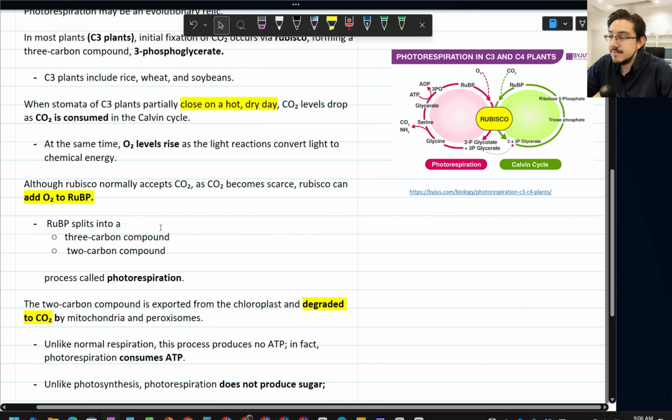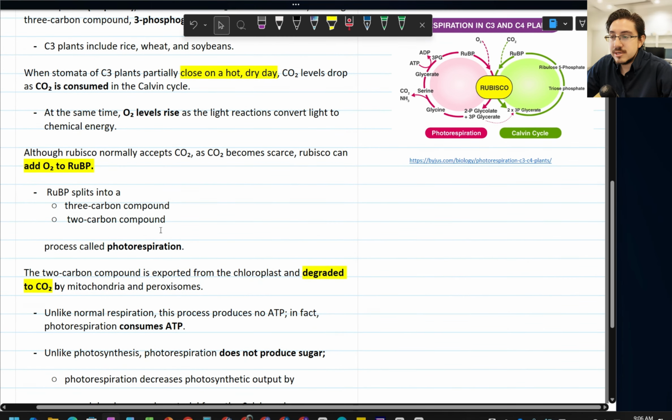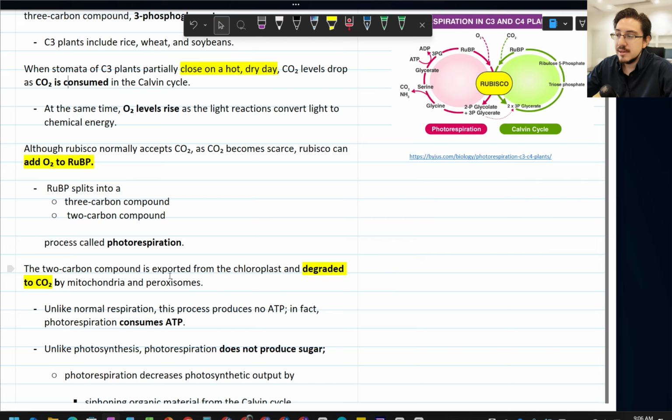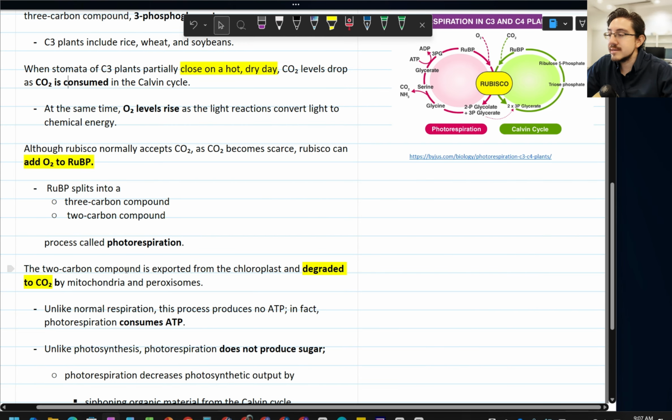At the same time, oxygen levels begin to rise because of the light reactions, which use sunlight to channel electrons, split water into electrons and hydrogen, and produce oxygen.